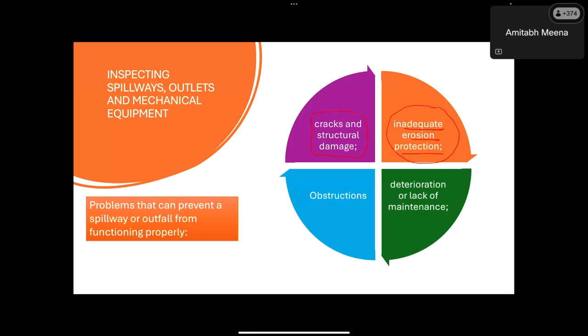So now we have moved away from the embankment dams, and we have shifted to other parts. So now we will be covering both. In this section, it will be for concrete as well as for embankment.